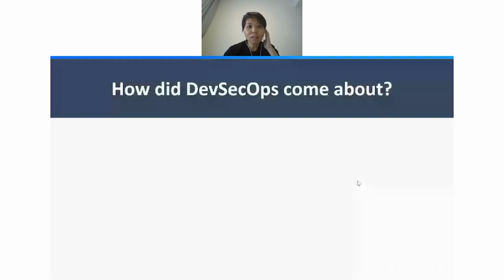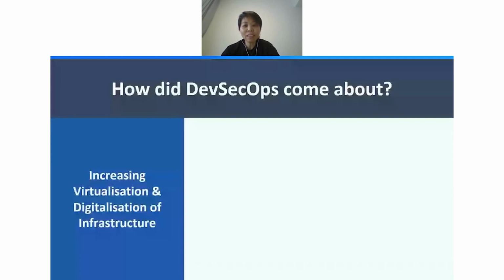Okay, let's take a look. How did DevSecOps come about and what makes it possible? Firstly is the virtualization and digitalization of IT infrastructure. It is the backbone of this entire digital revolution. The virtualization that we are talking about today is no longer just about virtual machines.